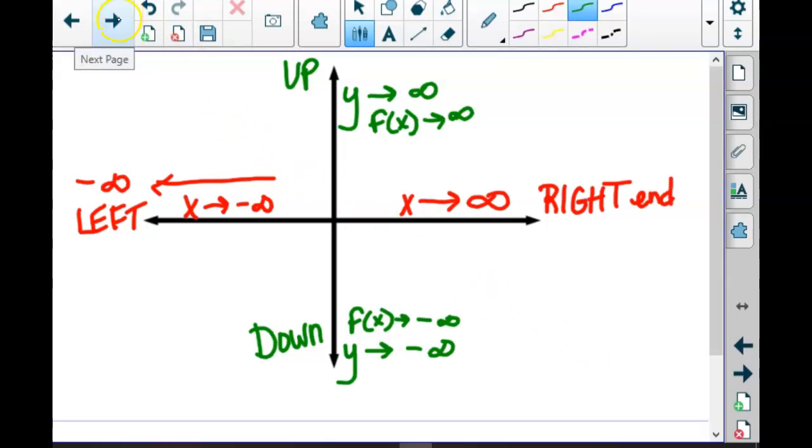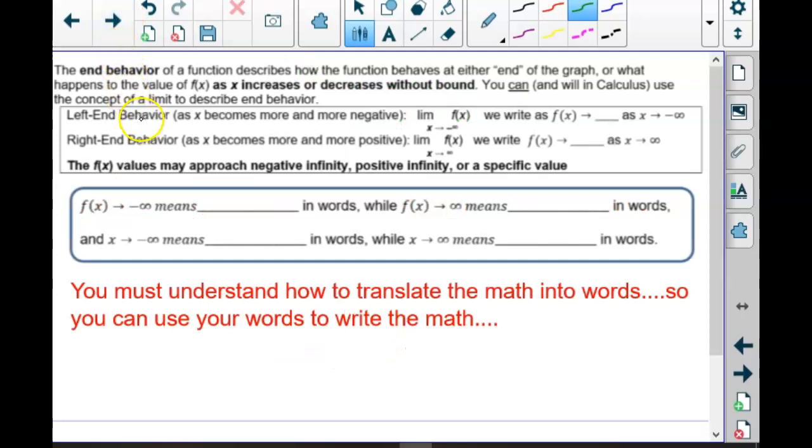Okay, so on our notes, it says left end behavior, as x becomes more and more negative, we write f of x, let's see. Oh, we don't write anything in here. We either write a positive or negative infinity. This is saying y approaches what as x approaches, and this is the left.